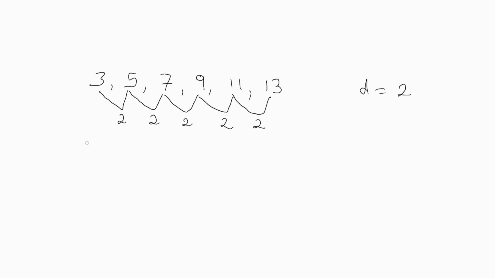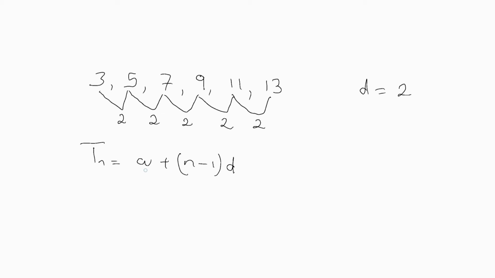So that equation is Tn equal to a plus (n minus 1) times d. So this is the equation that will help us get the equation of the arithmetic sequence R, where a represents the first term. The first term of sequence R is 3.